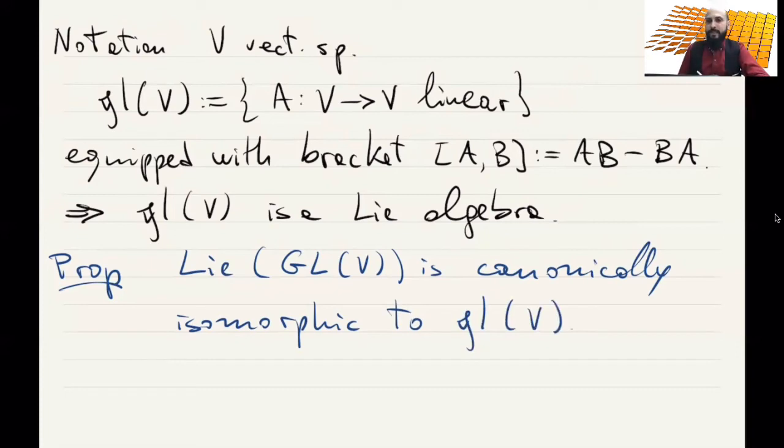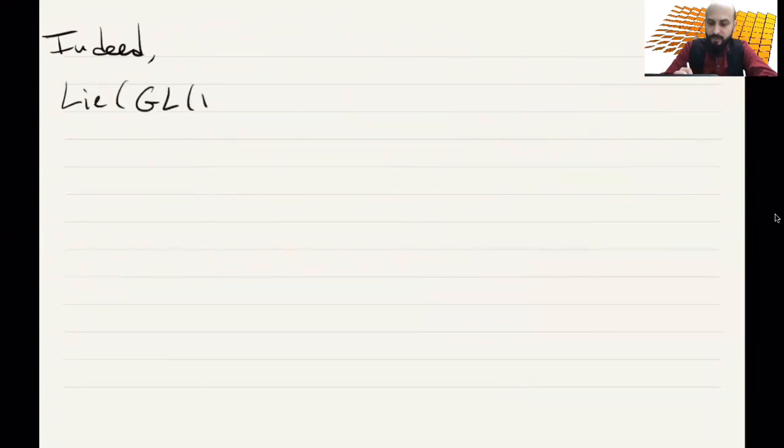Now, let me briefly say what this isomorphism is and why this is true. You can fill the gaps. So indeed, the Lie algebra of GL(V), let's see it for a moment just as the tangent space at the identity. This is true as a set.